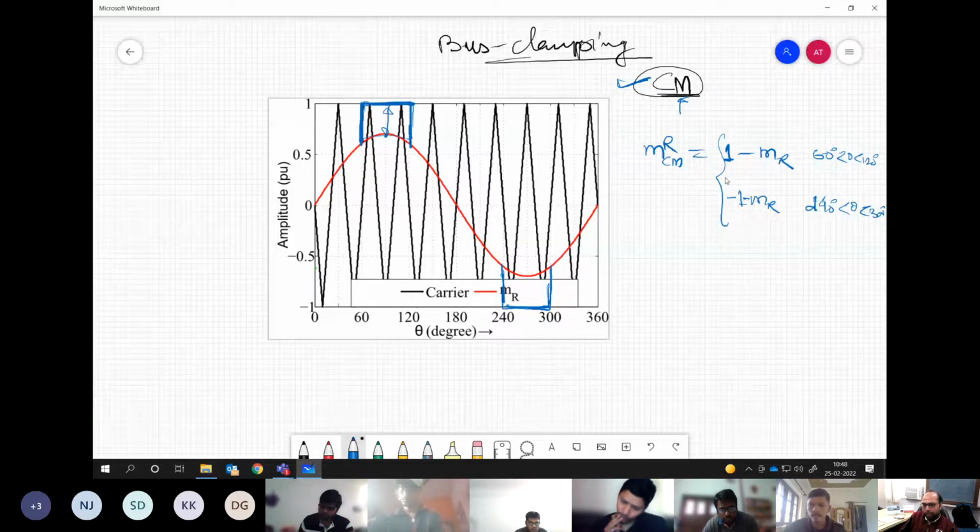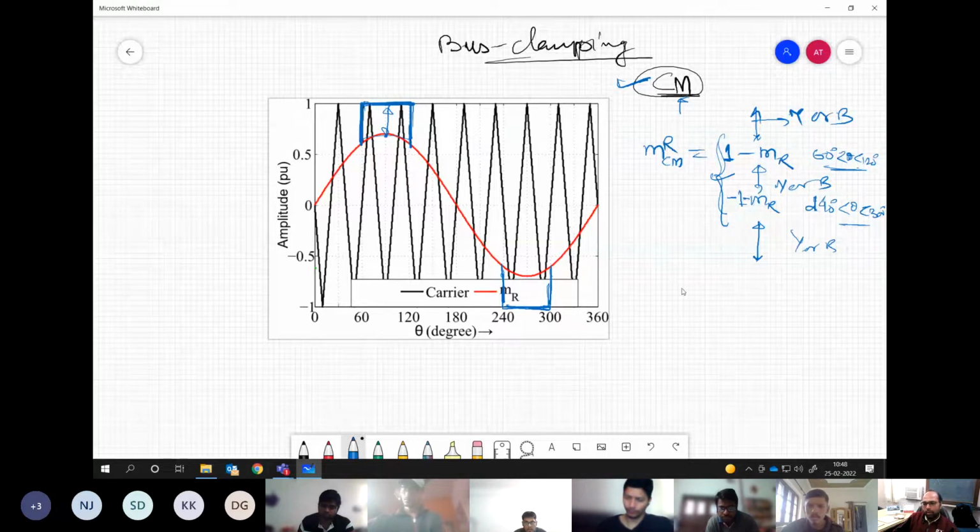So due to R phase clamping, this common mode is coming up. Now this is only valid for this interval, 60 degree on the positive side, 60 degree on the negative side. How about other intervals, the gaps over here? So these common modes will be based on, say, Y or B phase, here also Y or B phase.